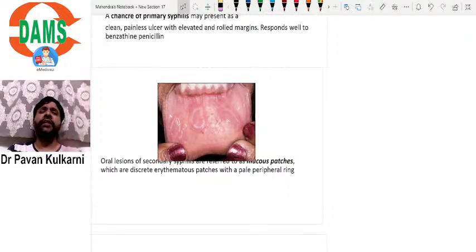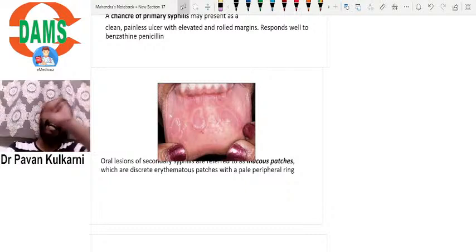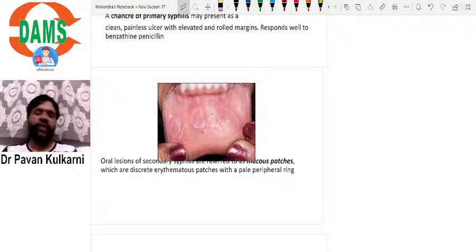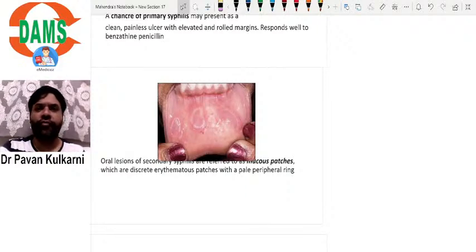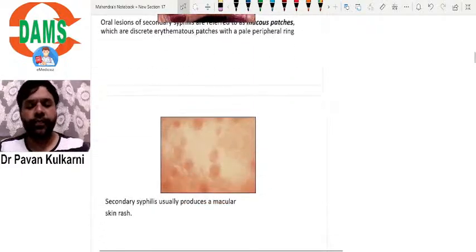Now if we try to scrub these patches, the patch will get removed and you will get an ulcer called a snail track ulcer. So these mucus patches, if they are rubbed off, you will see snail track ulcers.